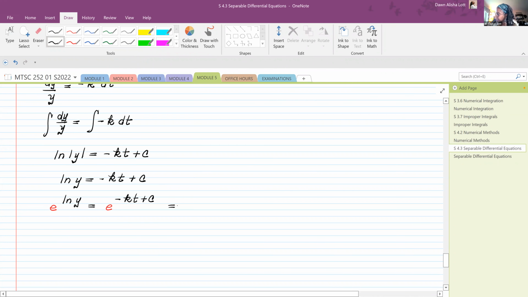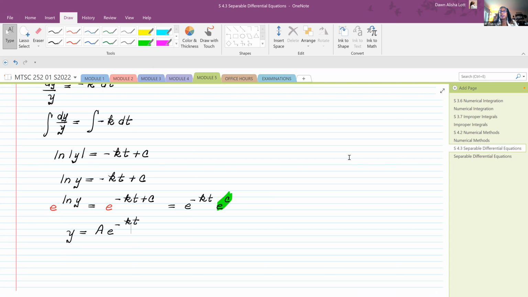But remember, I can split that into e to the negative kt times e to the c, and we made that e to the c equal to an a. So I get y is equal to a e to the negative kt. All right, so this is what we're using to describe our radioactive decay.